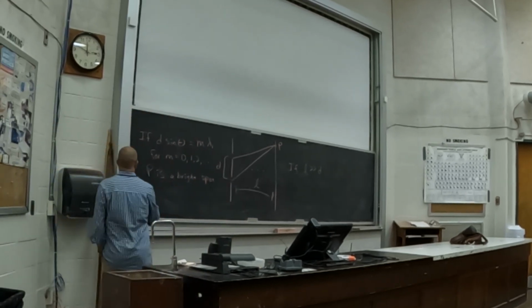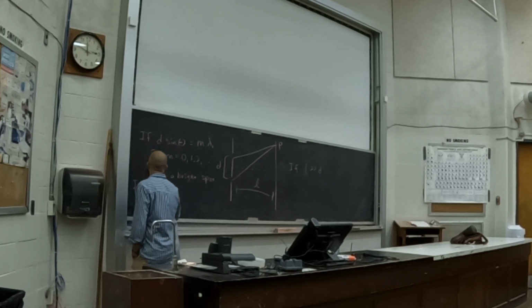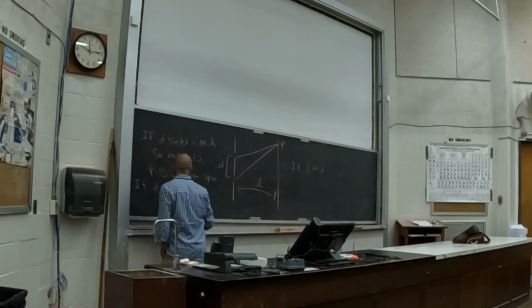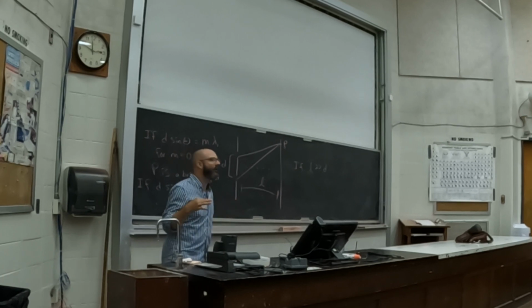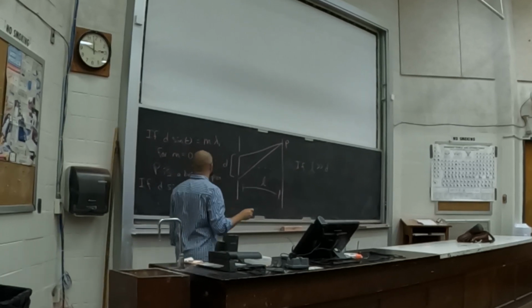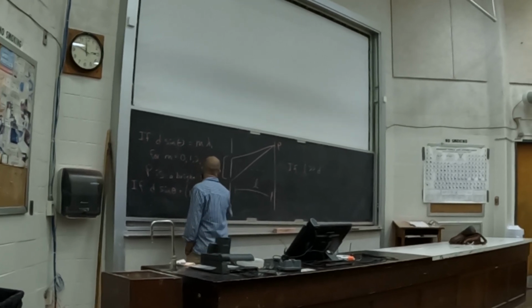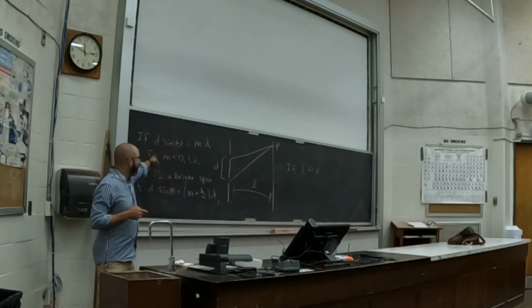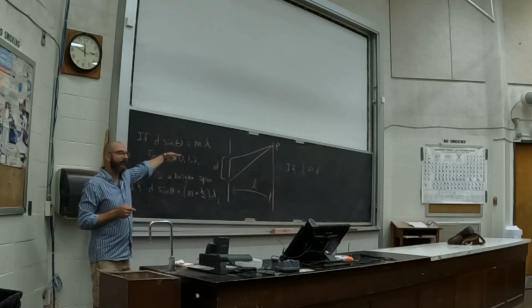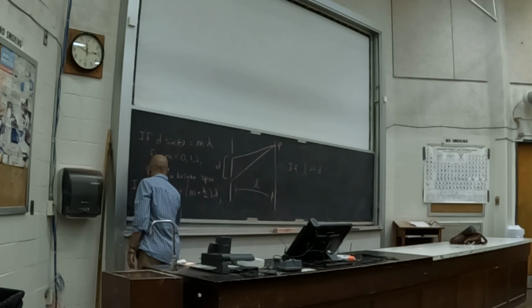But if d sine theta is equal to a half integer multiple of lambda, here's how I'm going to write that, for reasons which will be clear in a second: m plus 1/2 lambda for m equal to 0, 1, 2. P is dark.